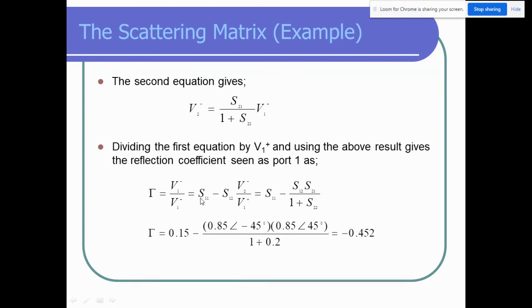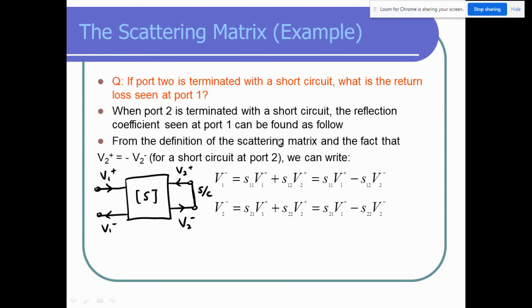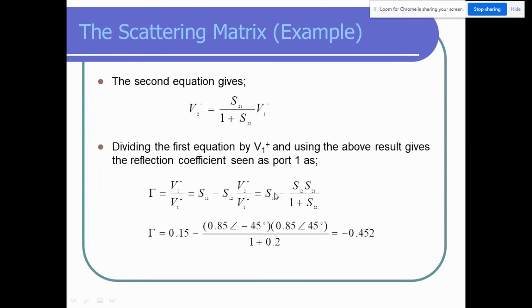Now you put all the values, right? So S11 minus S12 S21 in terms of this, we get from here until here. You need to use both of the equations to equate to get this one. So from here we get S11 minus S12 multiplied by S21 divided by 1 plus S22.